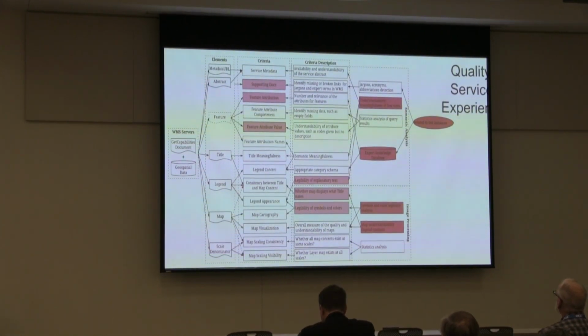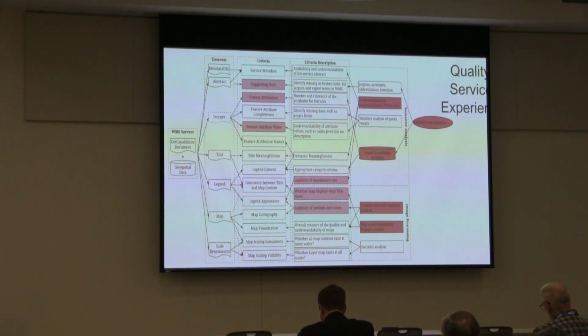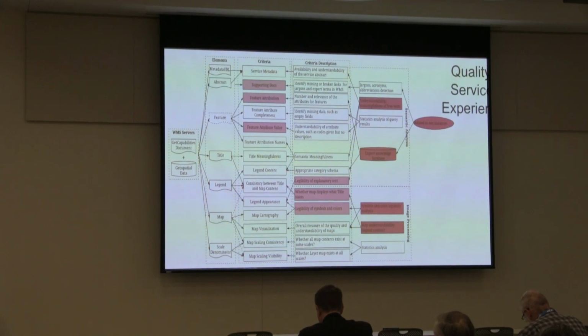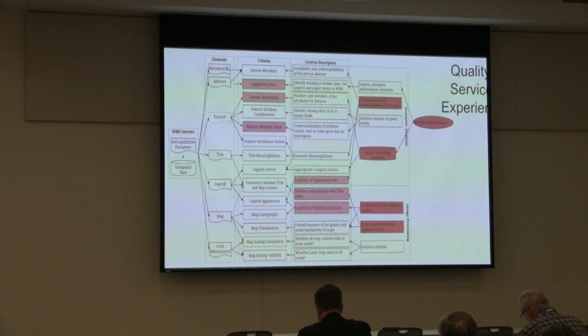The next topic was quality of service and experience. And there was a discussion paper called Ensuring Quality of User Experience with OGC Mapping Services. This paper provides an assessment framework and identifies some issues about how do we measure quality of data that comes from OGC services.